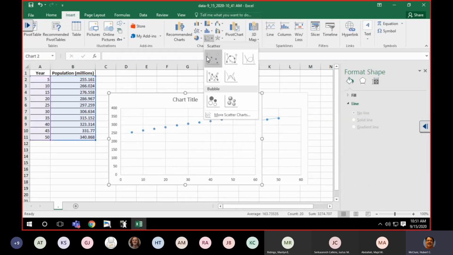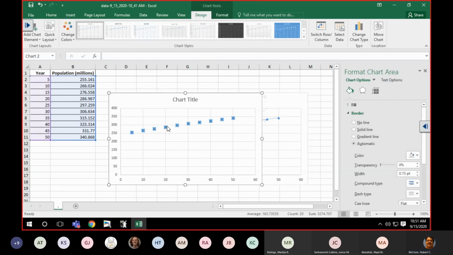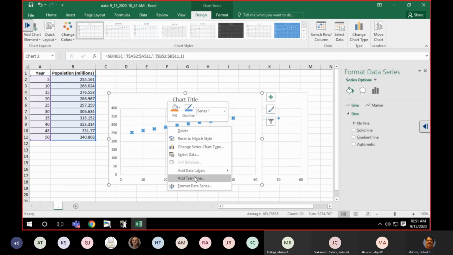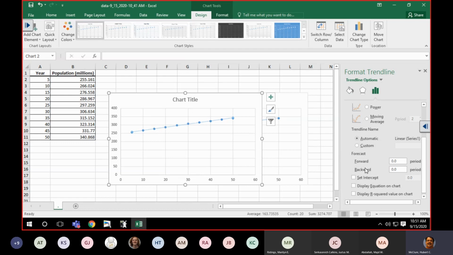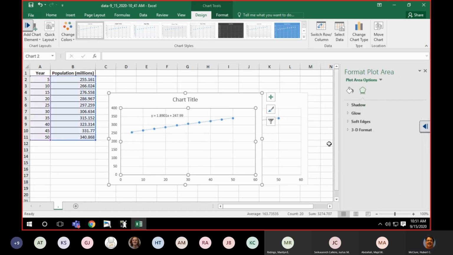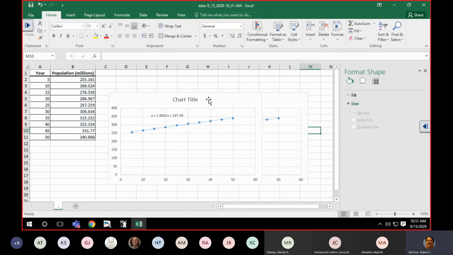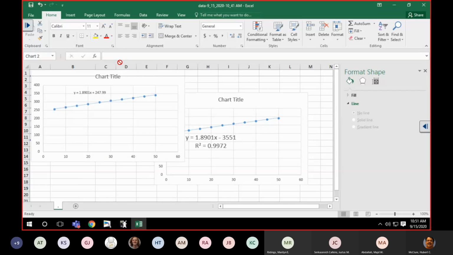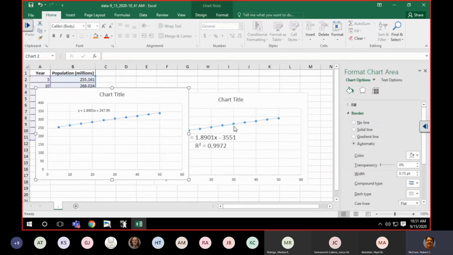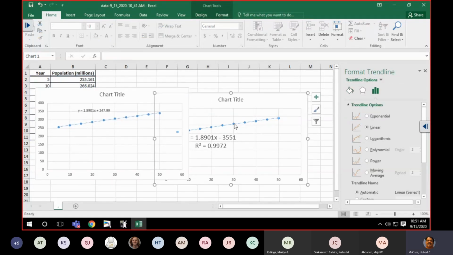I am at a loss for words. Okay, somebody tell me what I did different. Now it says, evidently it didn't change. Let me do this again.